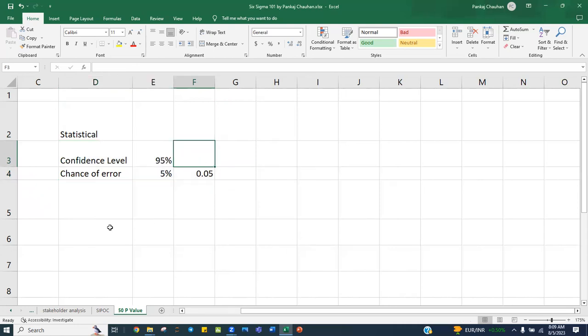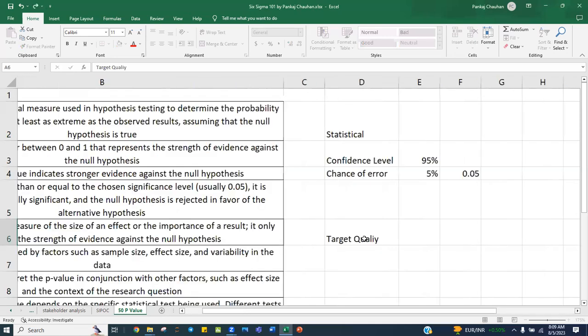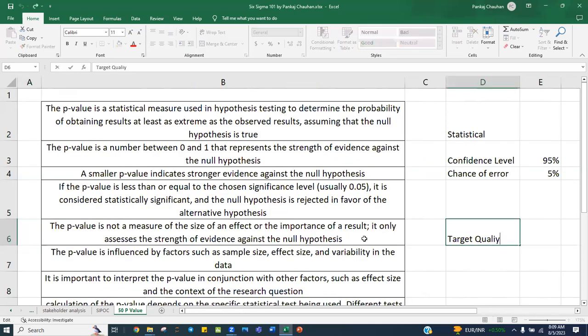Let's understand with an example. Suppose your target, say quality or target production, anything you are looking to achieve practically, is 90.